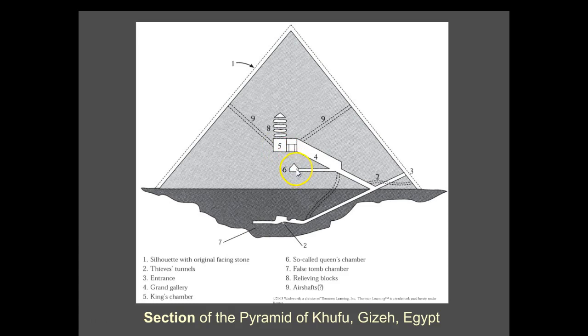Not quite sure. 7, we come down here to the false tomb chamber. They put this false chamber down here because thieves were used to the mastabas, with the riches being underneath the ground. It is not. 9 are air shafts. And 8 is basically relieving blocks, making sure there's not too much pressure right there in the middle of the chamber.